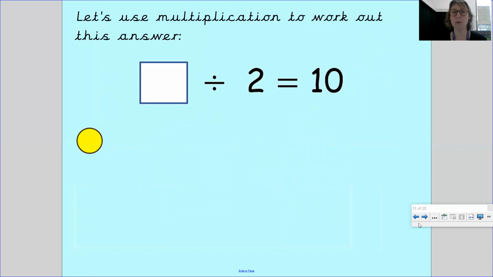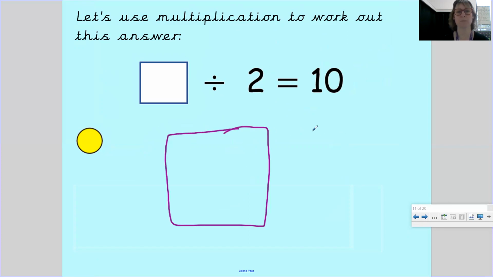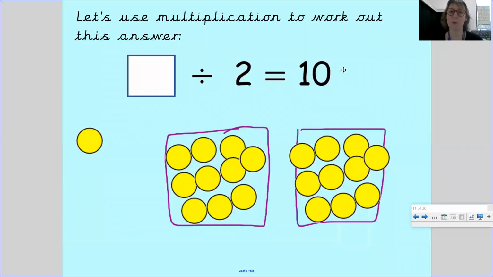So if you want to, you can pause the video or shout at the screen what you think is going to be here. I'm going to draw it out. So I'm going to do my 2 groups. And I've got to put 10 in each group. And I can't do super quick motion, so I paused it so you don't have to watch me count all the counters out. So I've got 10 here, 1, 2, 3, 4, 5, 6, 7, 8, 9, 10.